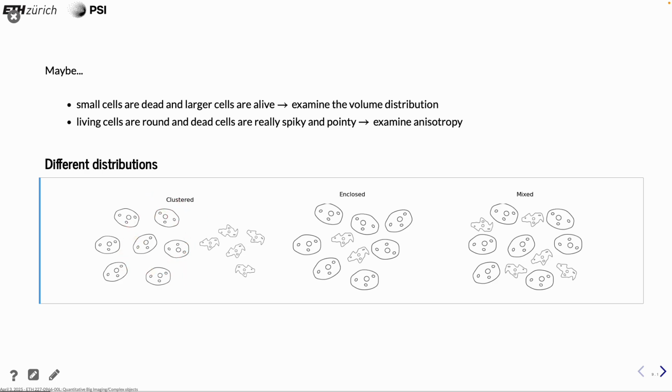Or is it maybe like a game of life, where if you have too many cells, some of them are starving because of the neighbors. So maybe they are just enclosed like this, or do we have a completely mixed distribution of the living and dead cells? So these could be questions that we want to ask about our cell culture.